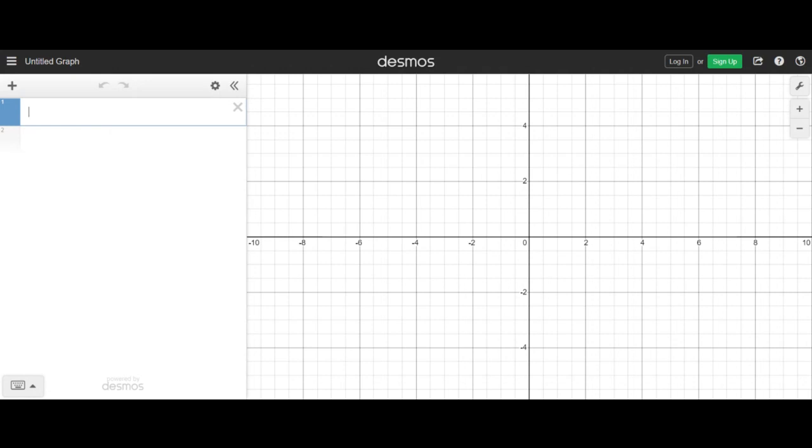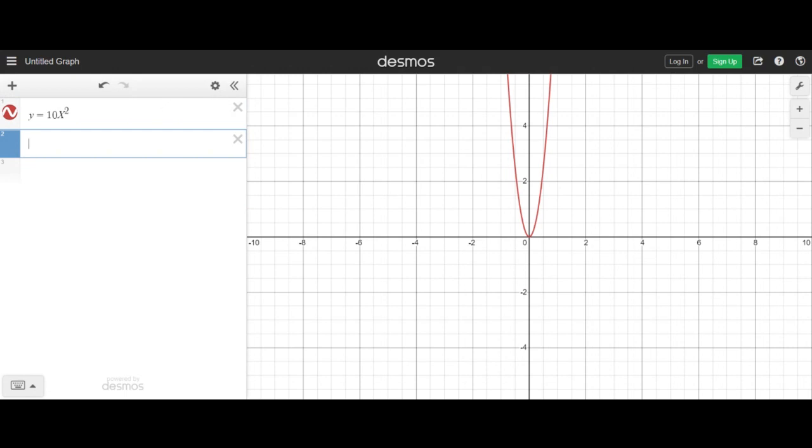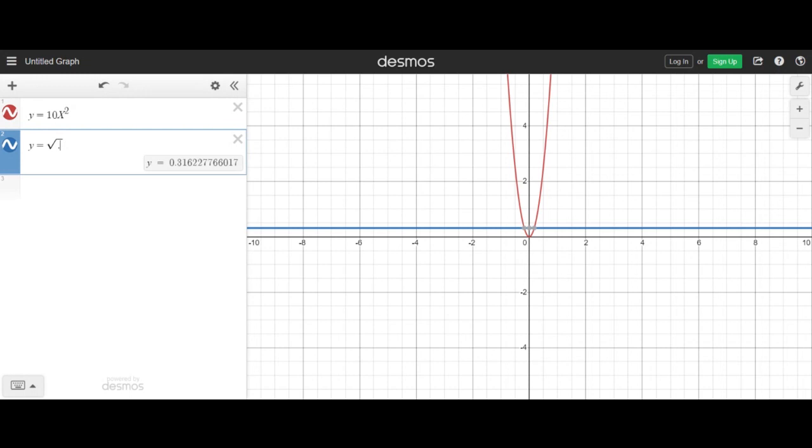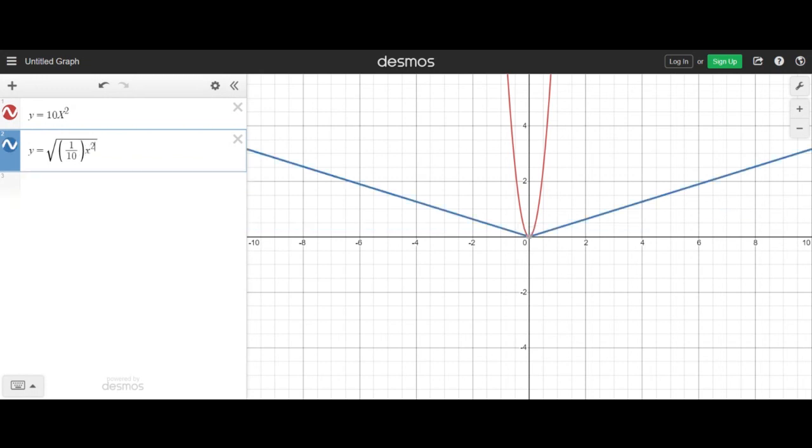So we have y equals 10x squared. Okay, that's one of the functions. And then we have y equals the square root of, I could put in parentheses, 1/10, close it, x squared.